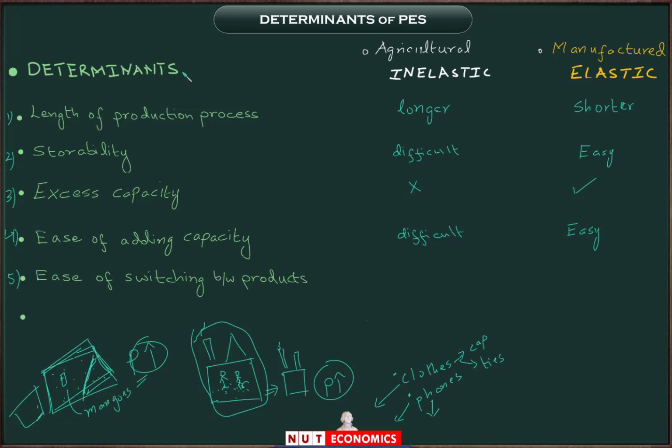So switching production is difficult for agricultural products, and easier for manufactured goods.